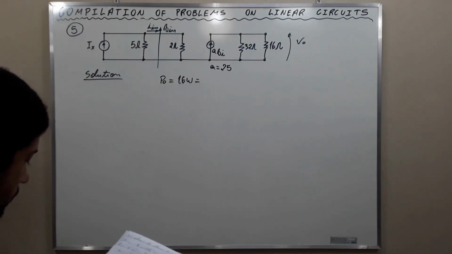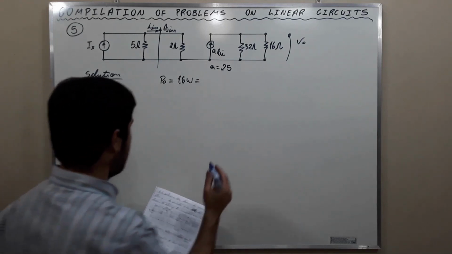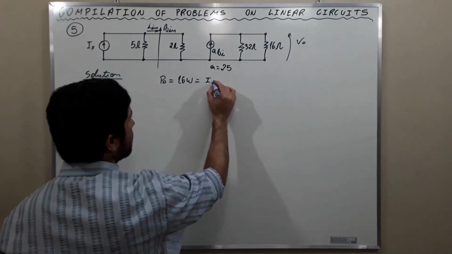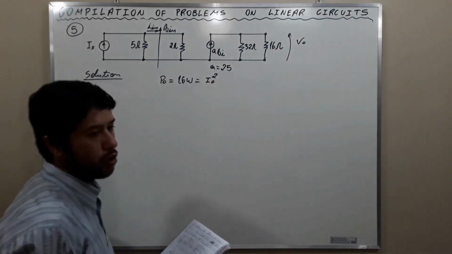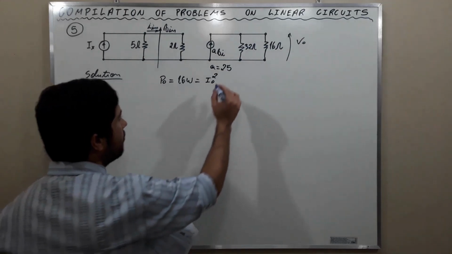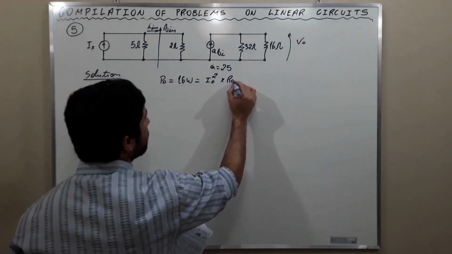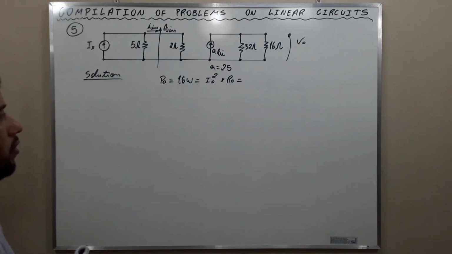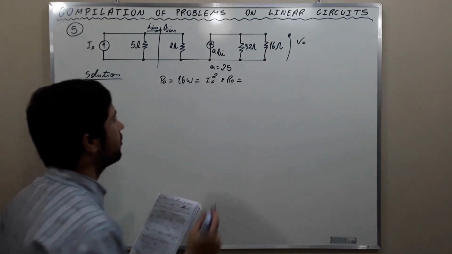Power can be calculated as current squared times the resistance. But current is voltage divided by resistance.